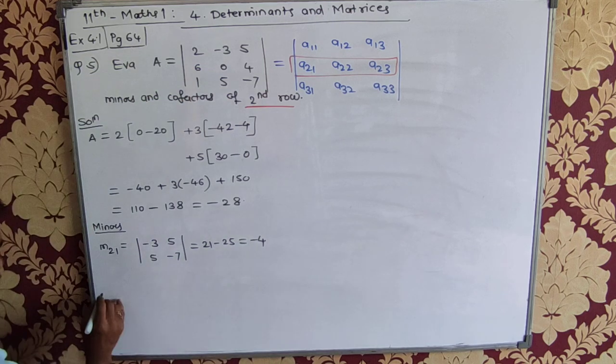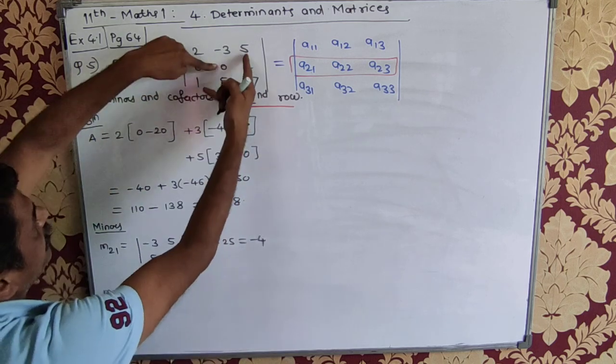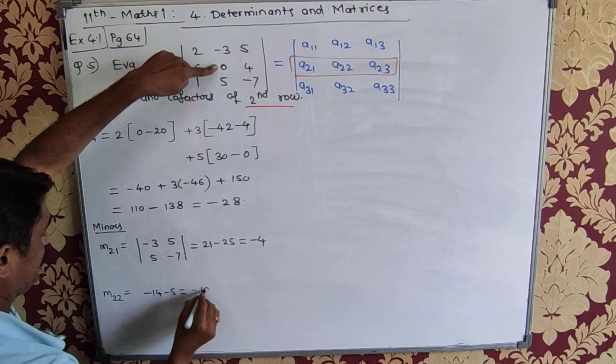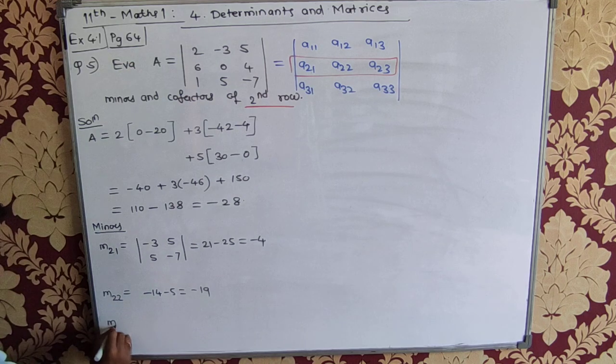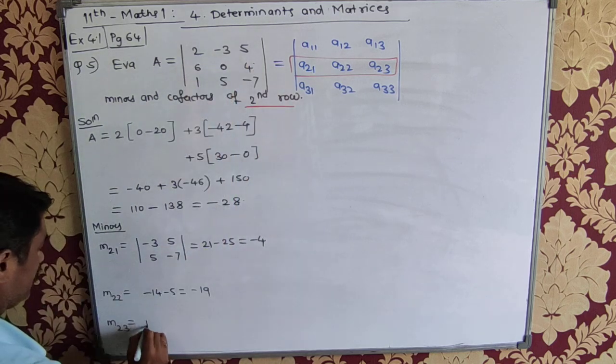Correct? Similarly, minor M22: 14 minus 40 minus 5, minus 14 minus 5, that is equal to minus 19. And the minor M23. This one. 10 minus minus 3.